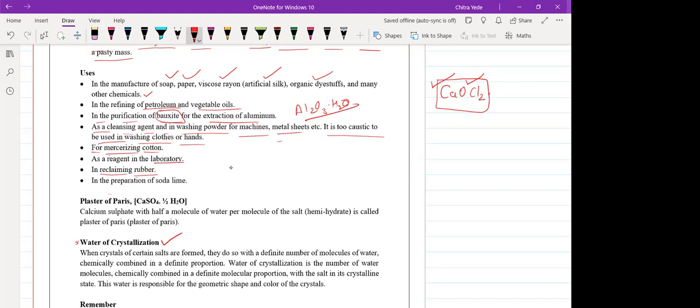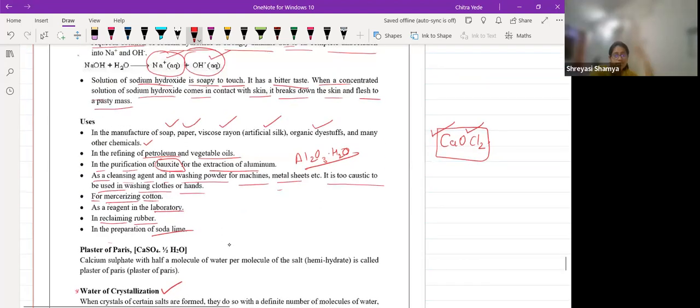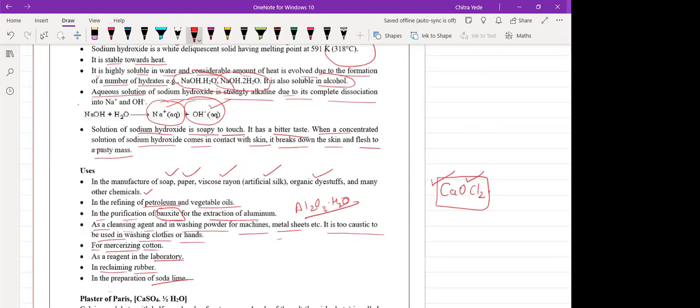That's why we are treating that rubber with the help of sodium hydroxide and sulfur, and other chemicals also, in order to provide good tensile and elastic properties to it. So here again it is being used. And in preparation of soda lime, beta, sodium hydroxide is used. Yes, sir. So again I want to repeat it once, beta.